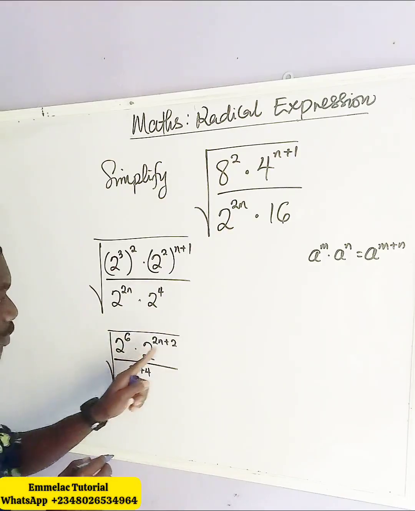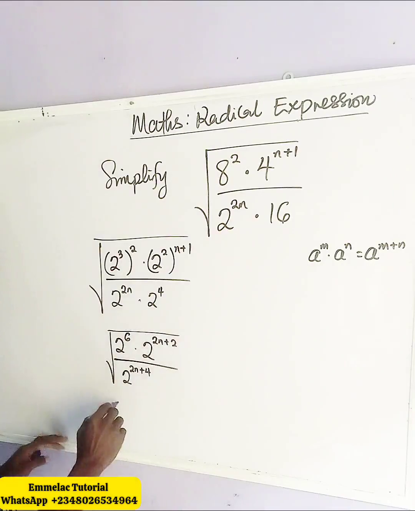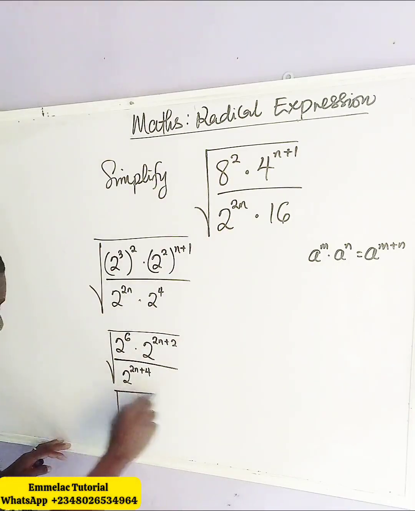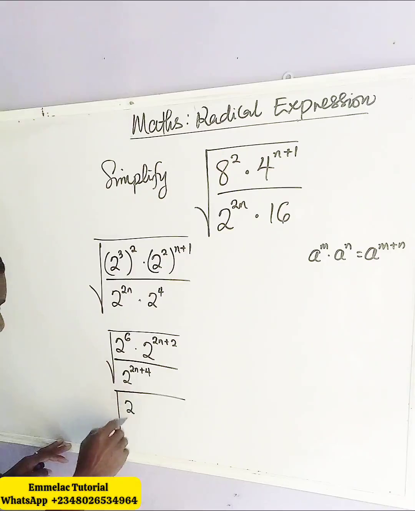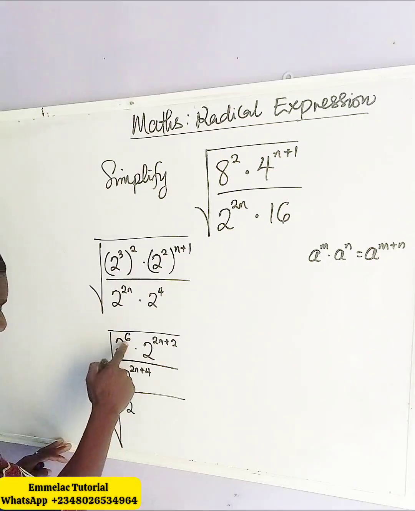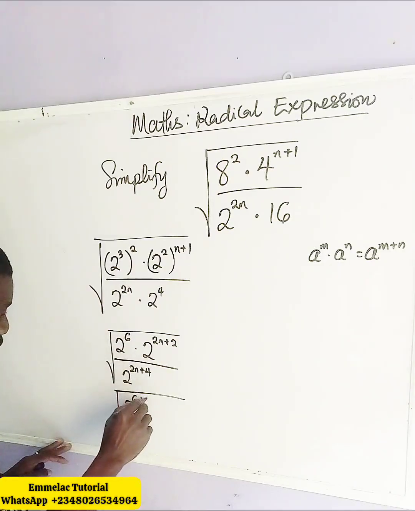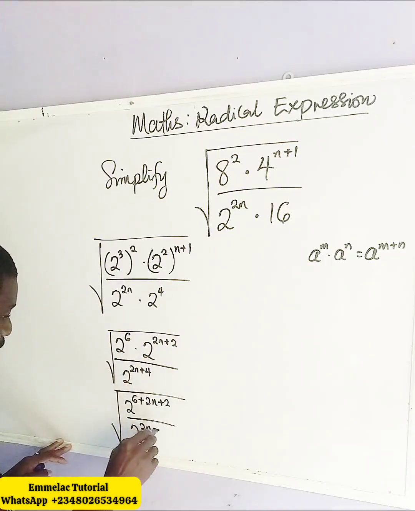Applying the rule here, we have 2 raised to the power of 6 plus 2n plus 2, then all over 2 raised to the power of 2n plus 4.